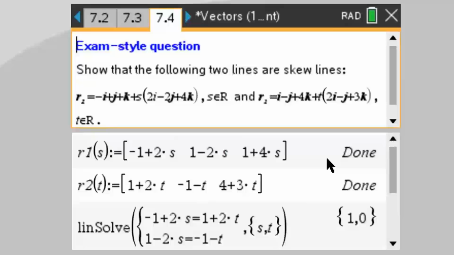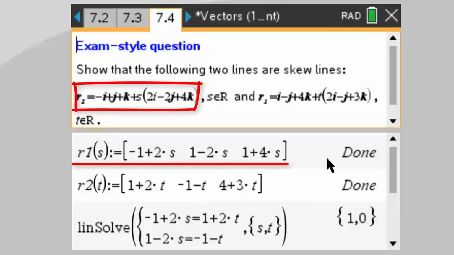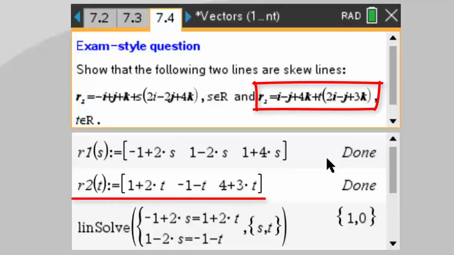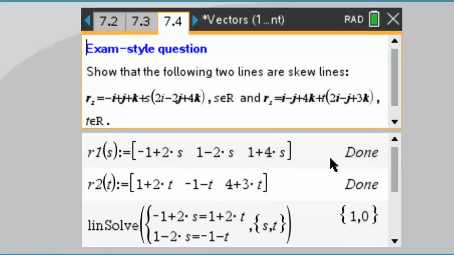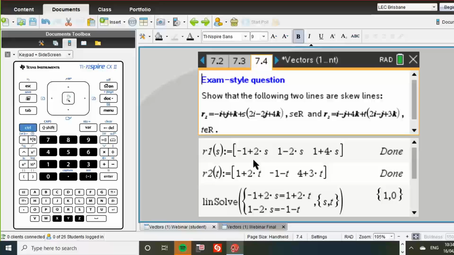I've assigned r1 of s to be that vector there, and r2 of t to be that vector there. When you solve those simultaneously, I've taken the i components, set them equal to each other, the j components, set them equal to each other, and then solved for s and t. I get s equals 1 and t equals 0.